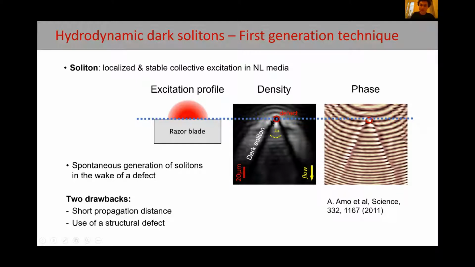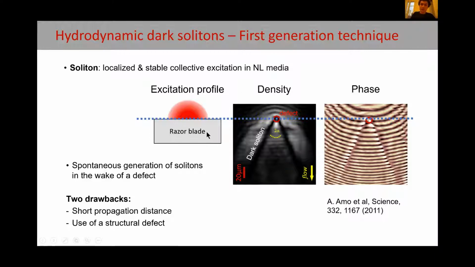So they are 1D elongated density dips in the fluid, coinciding with a pi phase jump orthogonal to the axis. So in the case of repulsive interaction, as for polaritons, we therefore have dark solitons. So most of the team's work during the last year has been dedicated to the study of these dark solitons.